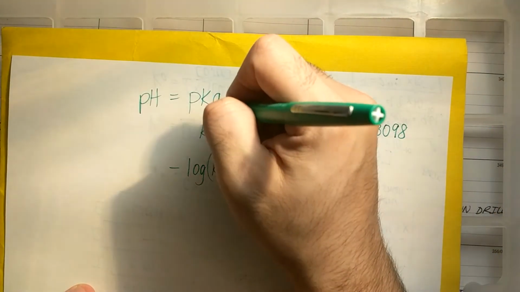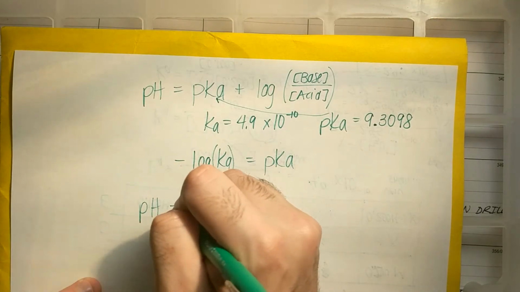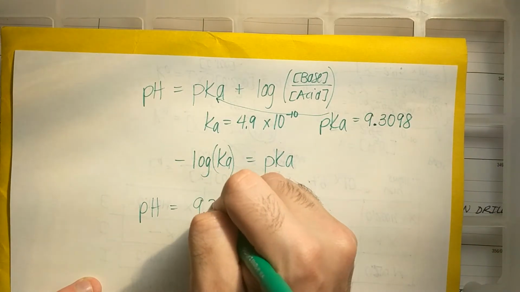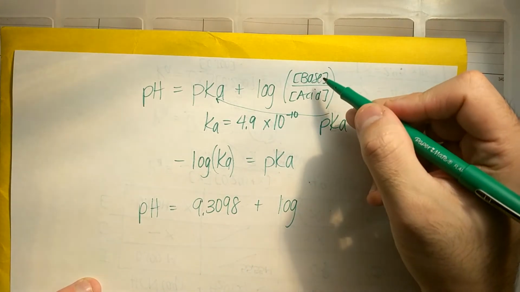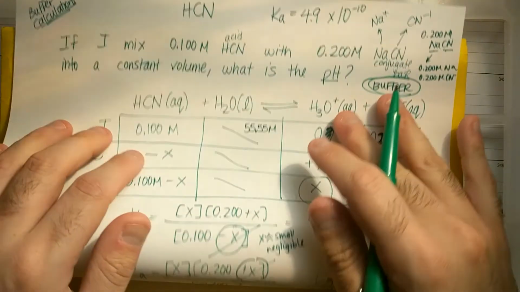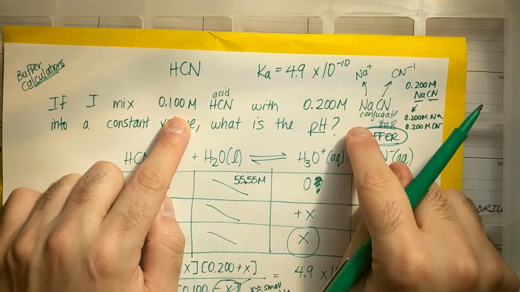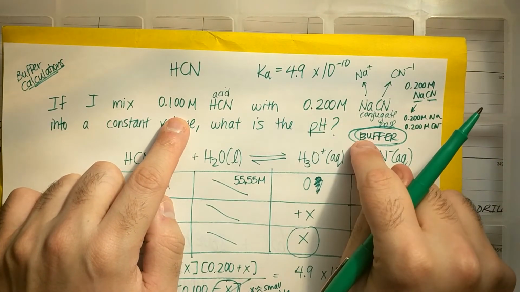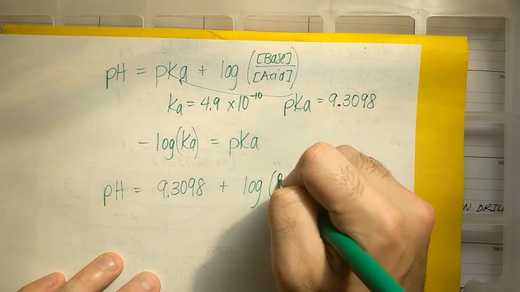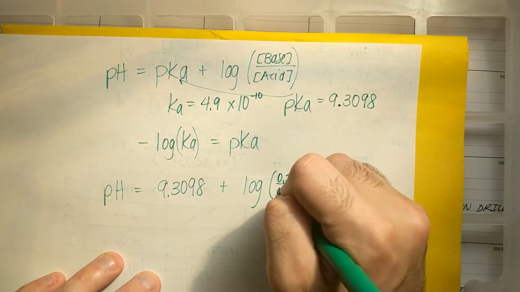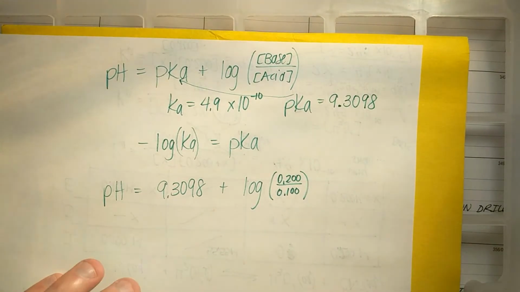I'm going to plug that into this equation here. If I want to figure out the pH, I'm going to use pKa plus the log of my concentration of base over acid. Guess what? I gave you that in this problem. I said concentration of base was 0.2 molar and my concentration of acid was 0.1 molar. So it becomes the log of 0.200 over 0.100.